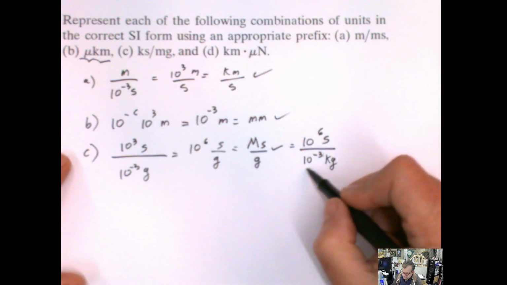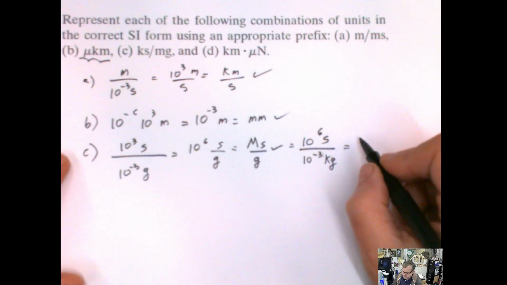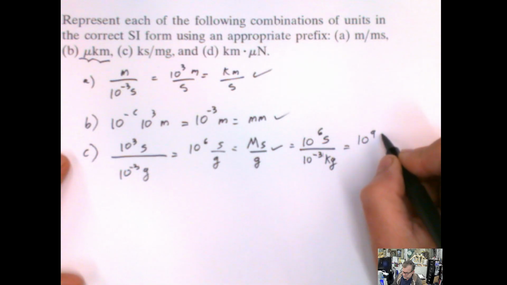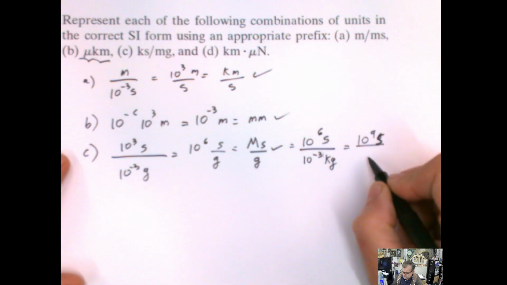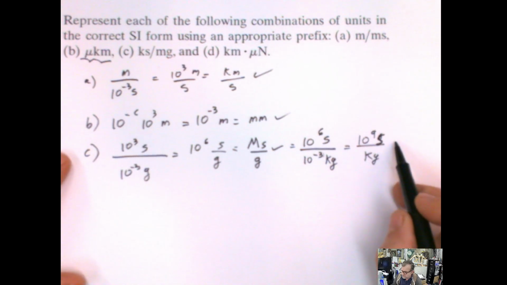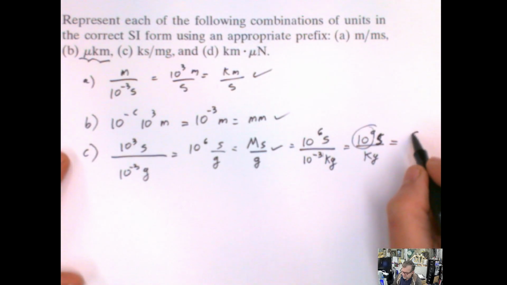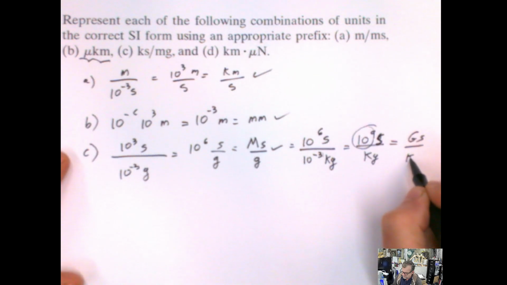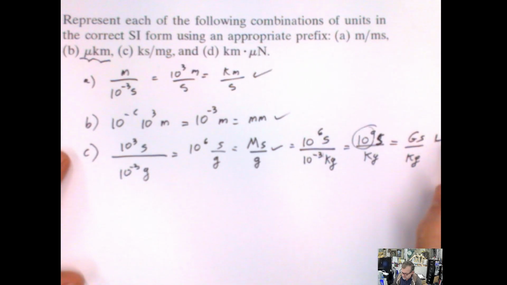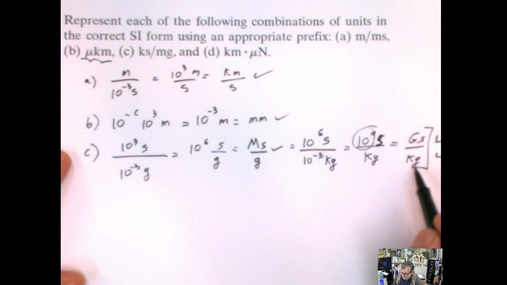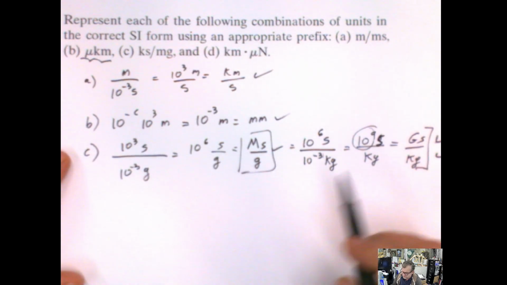Anyway, this one passes to the top. That will be 10 to the 9 second divided by kilogram. And 10 to the 9 second is gigasecond. So that will be gigasecond per kilogram. Now this is accepted and is better seen than the other one.